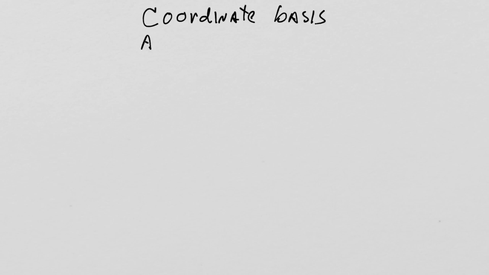But for this last lesson, I want to talk about one final thing, which is the coordinate basis. Since we were talking about visualization, the coordinate basis of arrows, stacks, sheaves, honeycombs.